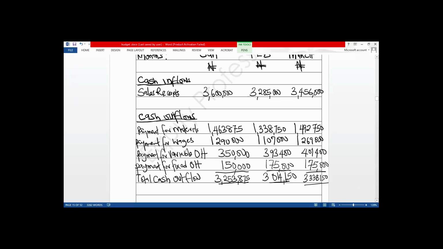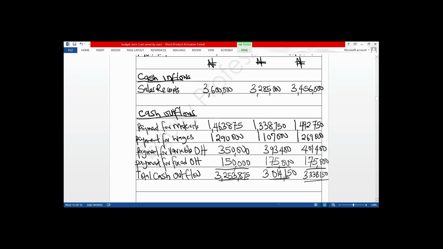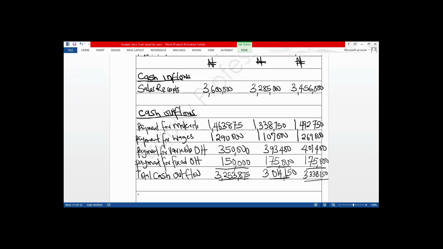Now you compare the cash inflows against outflow. That will give you net cash flow.